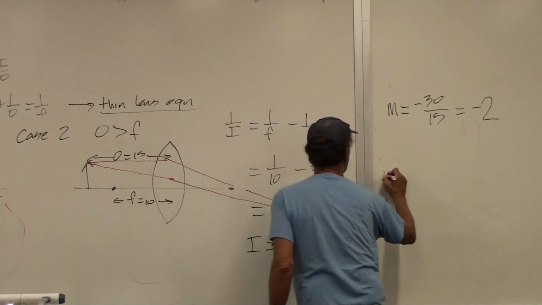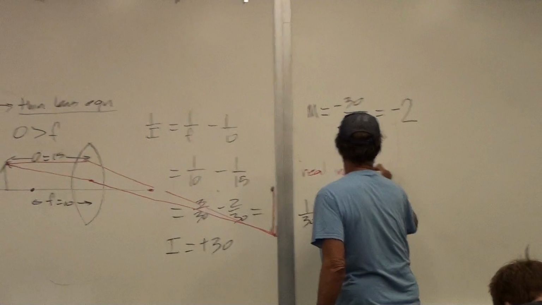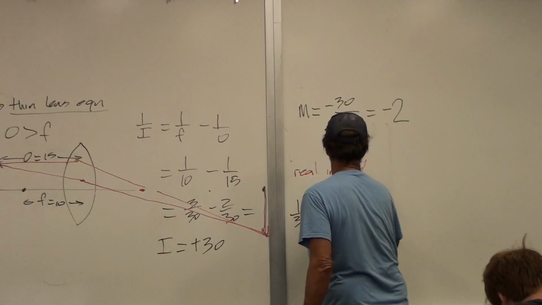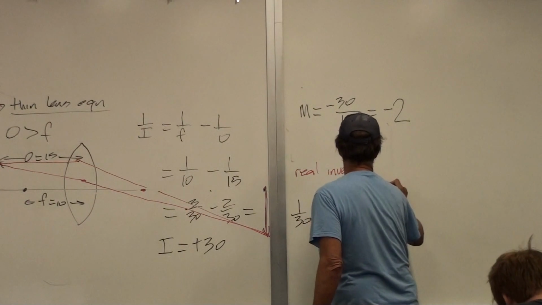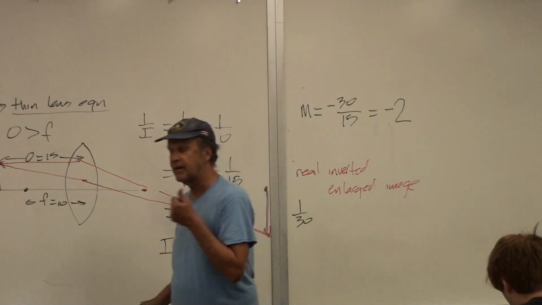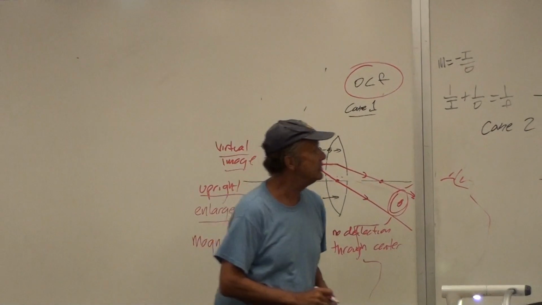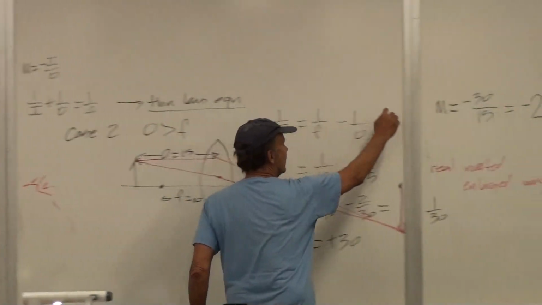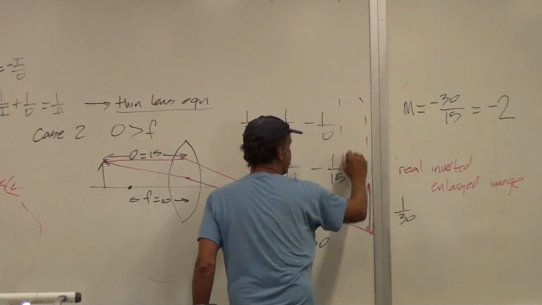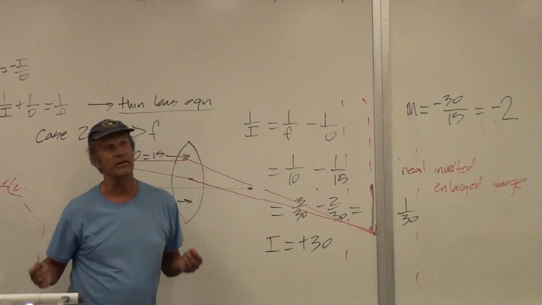So this is our real, inverted, enlarged image. That's just like what I did a second ago when I projected the light from that F onto the screen. The location of the screen would be here. If you put the screen in too close or too far away, it goes blurry, which is just like what you saw.